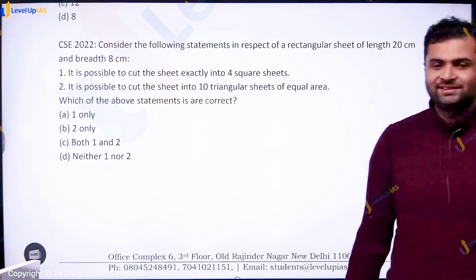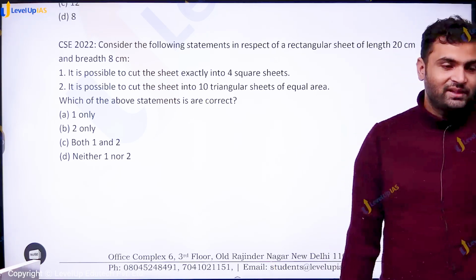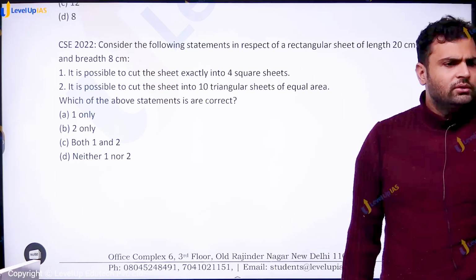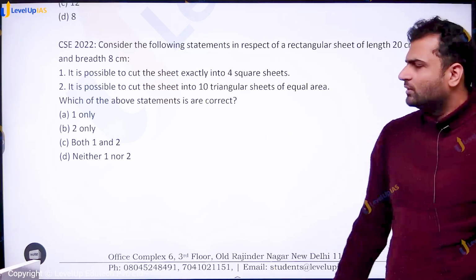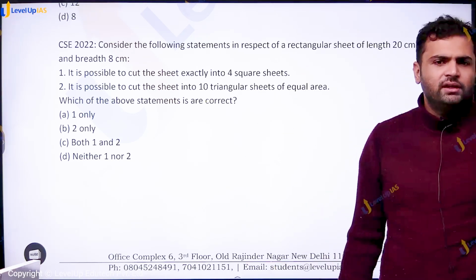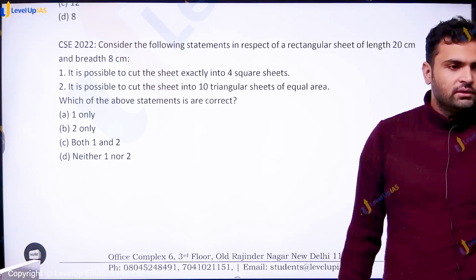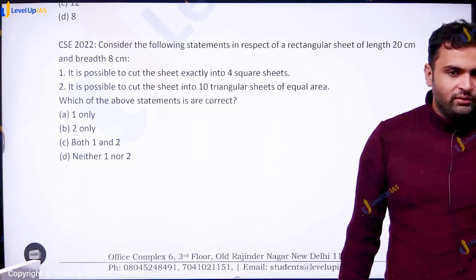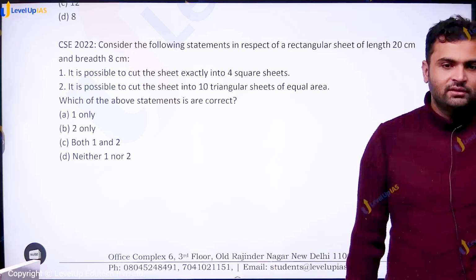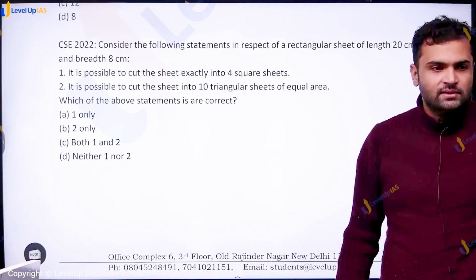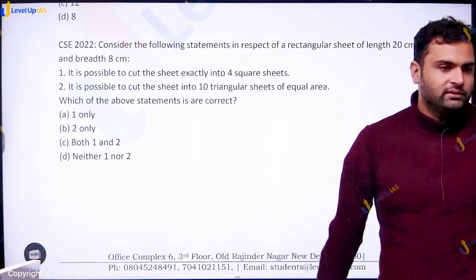Maybe wrong. हाँ. No no. 4 square sheets. Where are they? ऐसा तो बोला नहीं है कि सारे स्क्वायर सेम होने चाहिए, सेम साइज के होने चाहिए. All sides should be equal. हाँ, square can have different sizes, but all of them should be square.